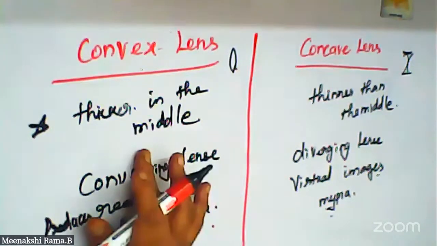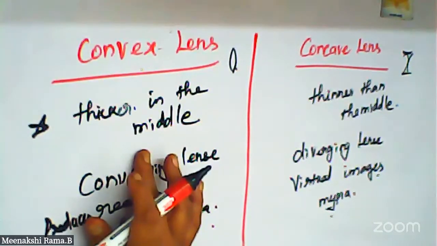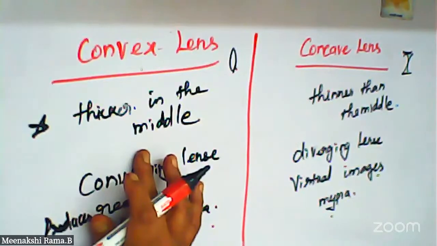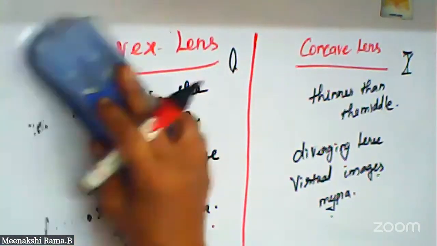When we are going to learn or search, just search where the lenses are used, what lenses we are using in that area, and how the images are formed in those lenses.